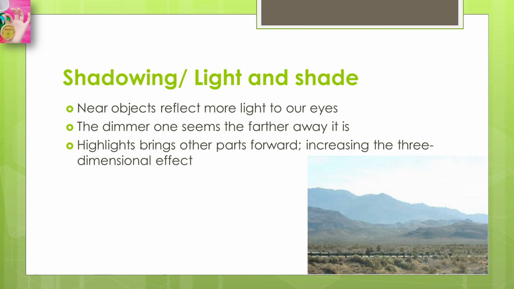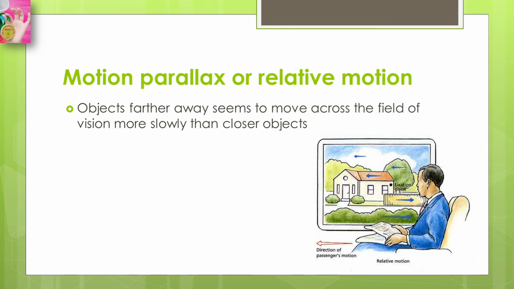And shadows are differences in the illumination of an image and help us to see 3D objects by the shadows they cast. So if something is 3D, it will cast a shadow, and if it is 2D, it won't. Now the next topic is motion parallax, also known as relative motion.